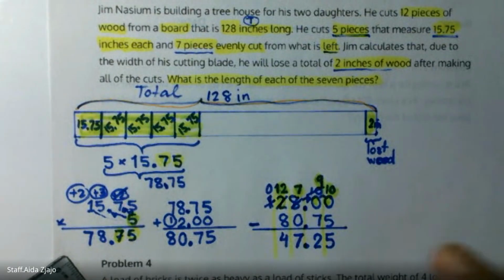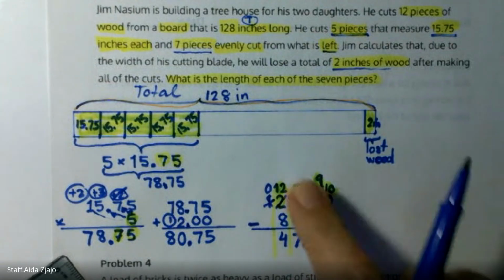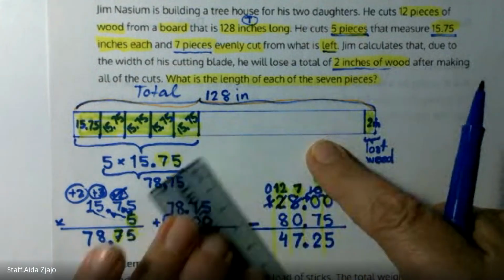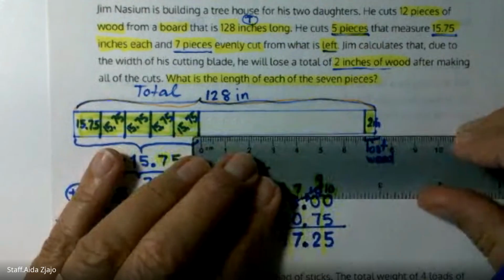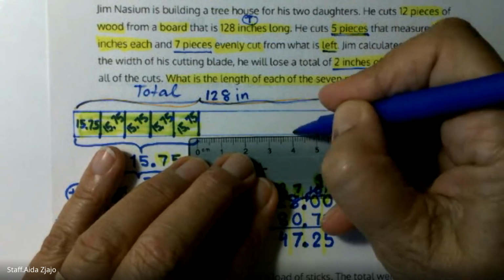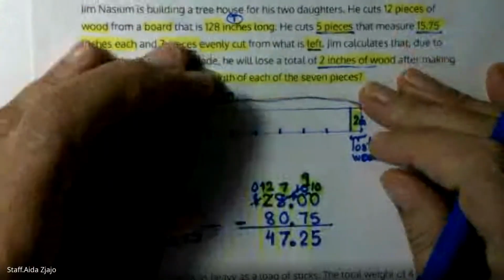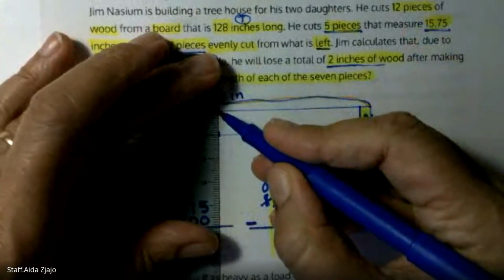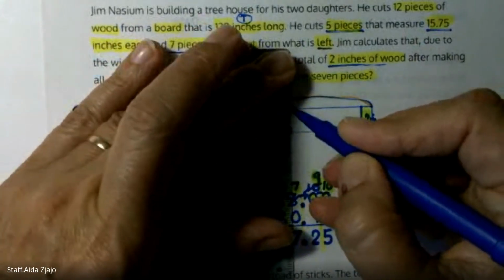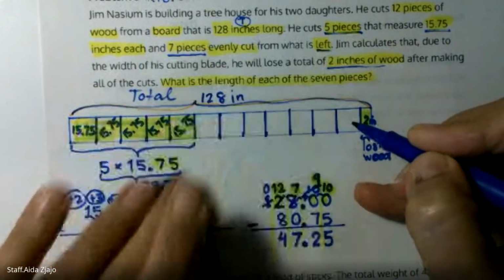So I got this much is gonna be this part here, and it has to be cut into 7 equal pieces. So if I cut each into 7 pieces about, so it will be 1 piece, 2, 3, 4, 5, 6, and this is 7.